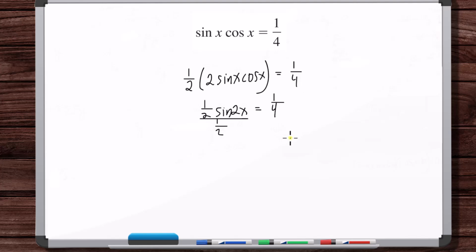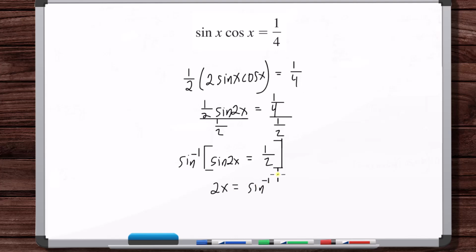Divide both sides by 1/2. And then you just evaluate the inverse trig function and list out all those angles.